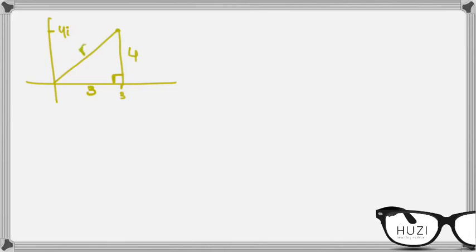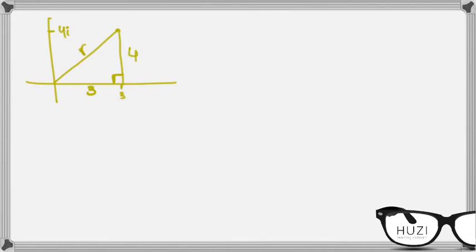If you want to know where the modulus and argument come from, we said this is 3 and this is 4i. So this is your complex number over here. If I extend these lines, this will be 4, this over here will make a 90 degrees angle, this will be 3, right? And this over here is the modulus denoted by r.